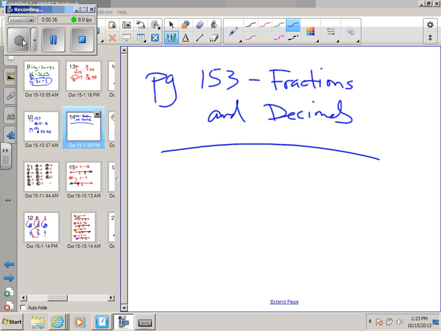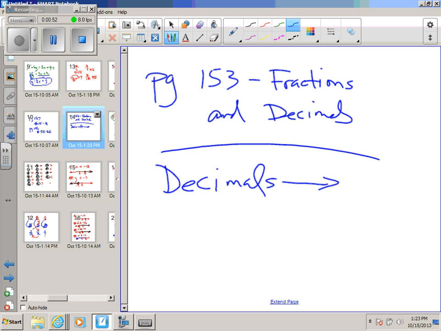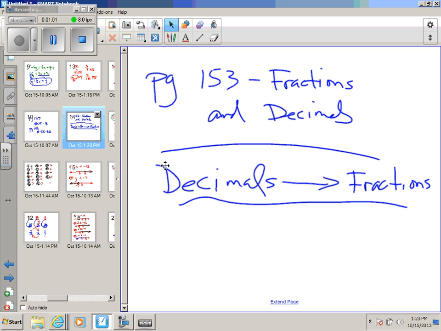All right, fractions and decimals. Let's go decimals to fractions first. We're going to convert both. So let's first of all explore how we transform, convert, what have you, decimals to fractions.